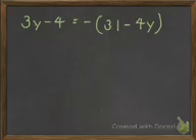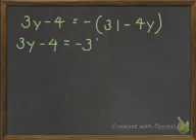Now solving the equation where the right-hand expression is negative. Minus 1 times plus 31 is minus 31. Minus 1 times minus 4y is plus 4y.